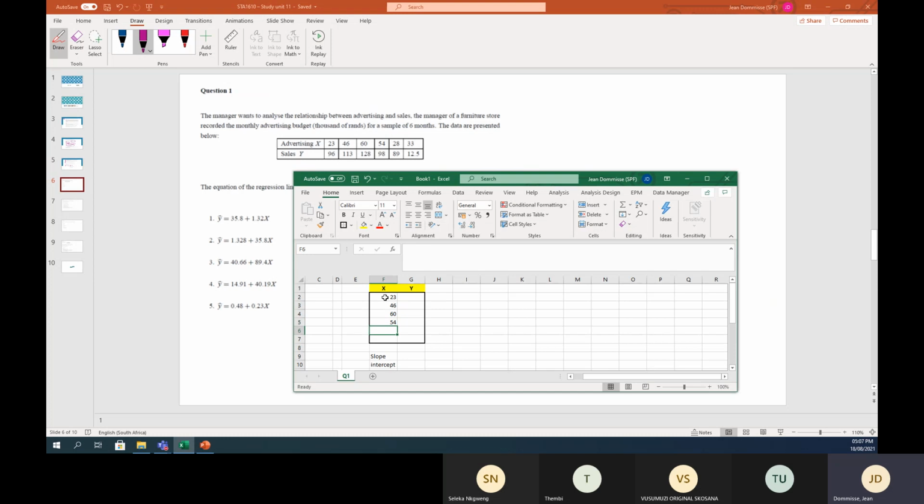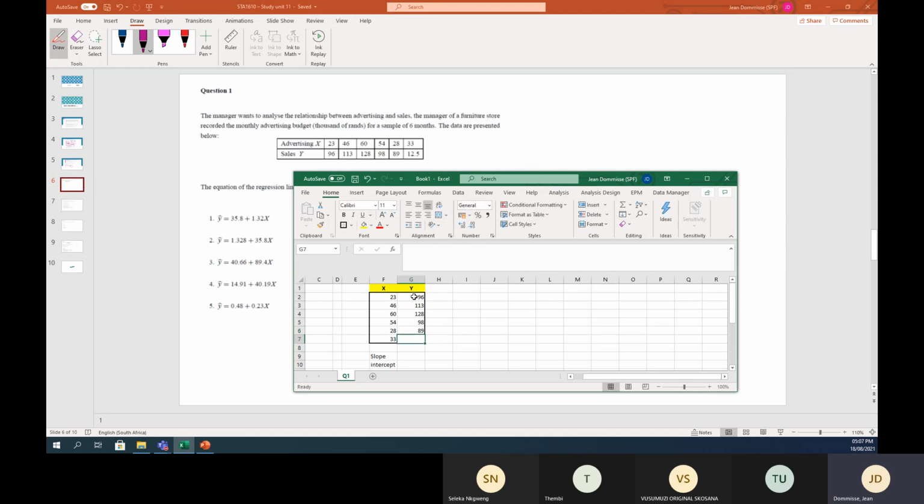You will be able to do that on a calculator as well, if a calculator has that ability to read in variables, and depending on which calculator you have, it depends how you put in the data. My calculator, I must put in the first X and then the first Y. Then I go into the second X and the second Y, and it continues like that until I've put in all 6 of both data points.